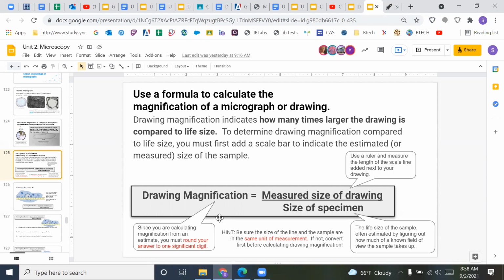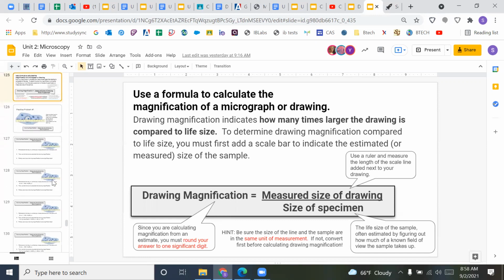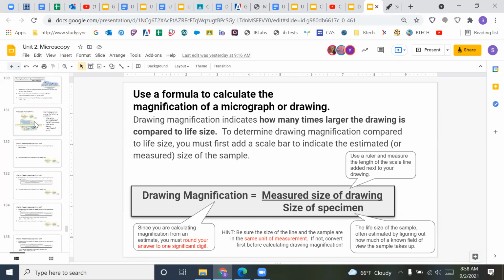We can't be that confident because we're calculating based on an estimate. So what we have to do is go, okay, I'm not quite that confident, but it rounds to about 300. So that's how confident I could be. Also, this is just saying, make sure you're always in the same units. That third part, you always just round to one significant figure. I know you guys know how to round, but that's why.